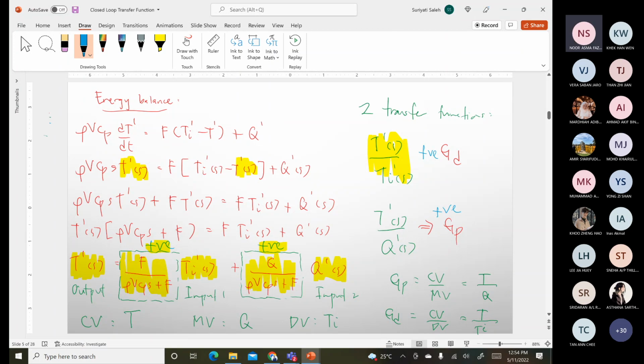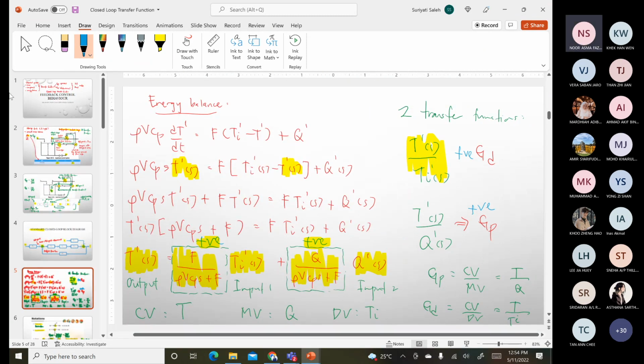So if we try to relate it with our transfer function, it becomes like this.